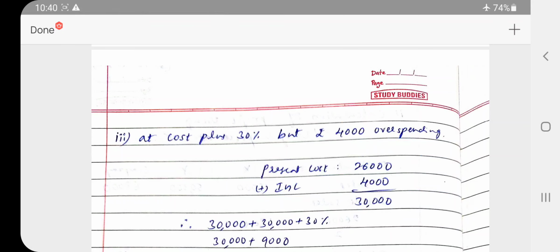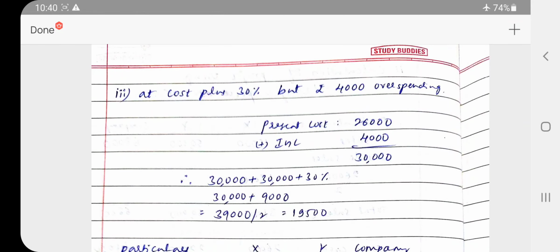Try to understand. So 30,000 plus 30%, in the sense that 30,000 into 130%, if you do it, you will get 39,000, or otherwise you can do 30,000 plus 30% of 30,000, so 9,000 you will get. So total 39,000. If you make it half, you will get 19,500.